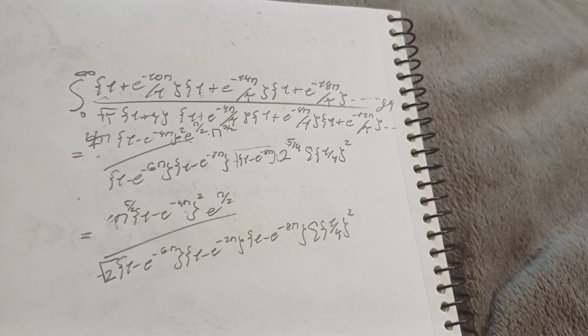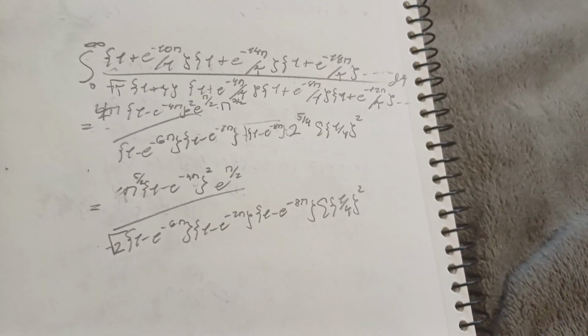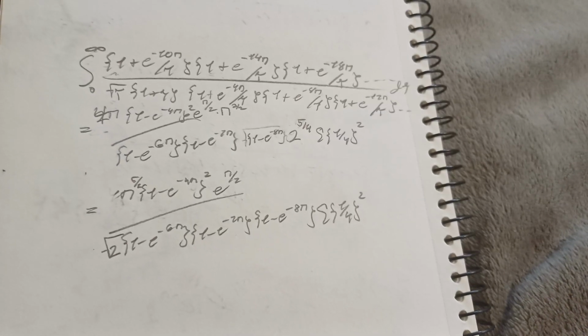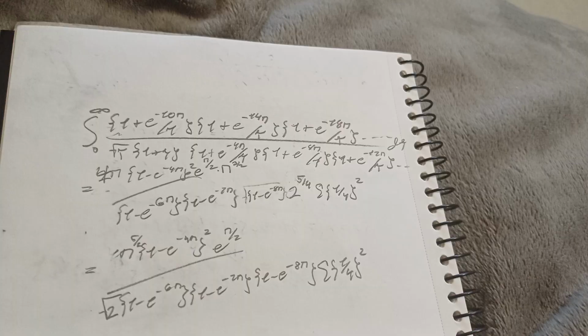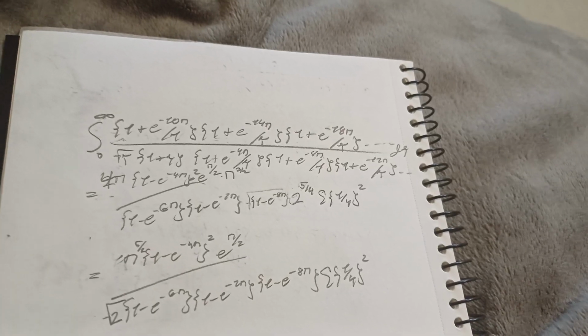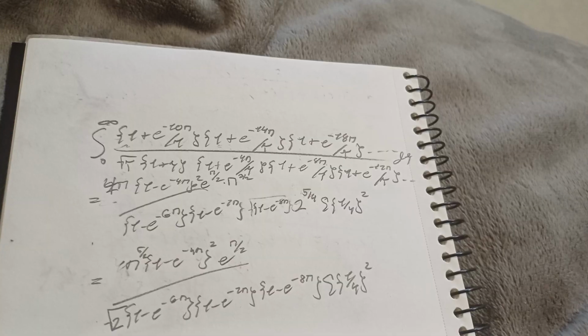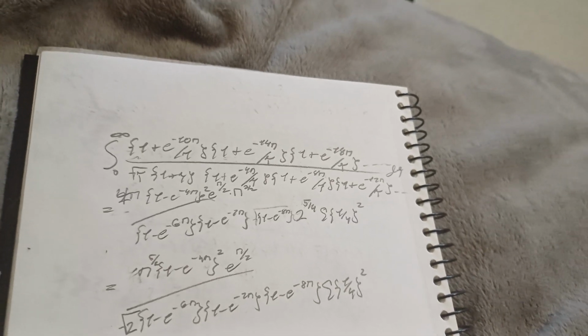I think that's an interesting question. But this is basically the final value of what we get, going through all the deep details of what this entails. And this is interesting because it's an integral of an infinite product of a value of something.